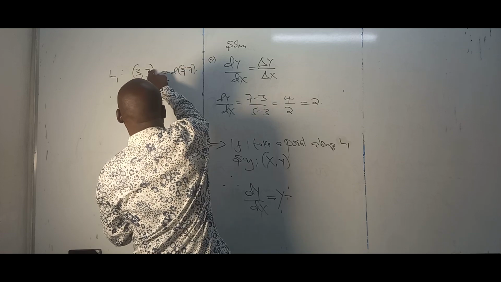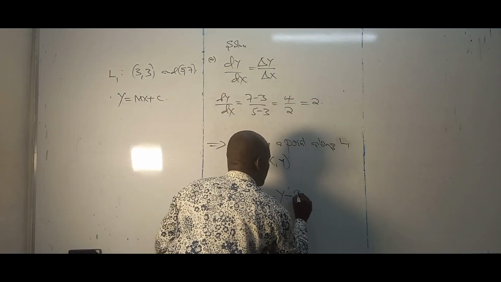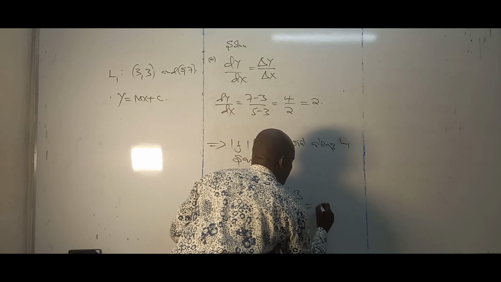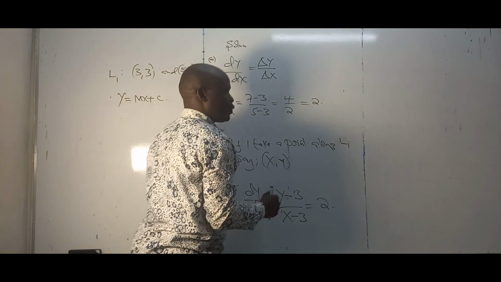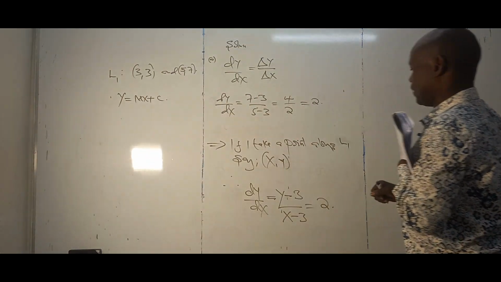I pick this point, so (y - 3)/(x - 3) is equal to 2, because 2 is the gradient that we have defined. It's what we found here.